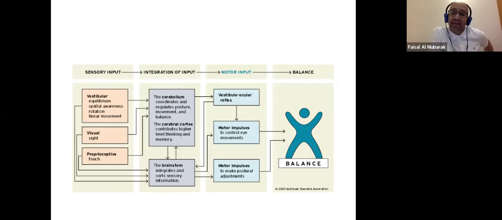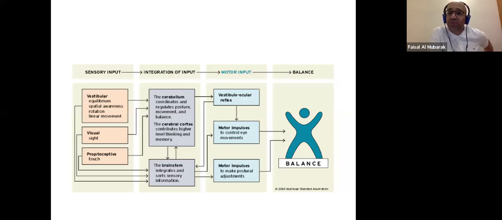The second one is the VSR, which is the vestibulo-spinal reflex, right? So we have the VOR and the VSR.